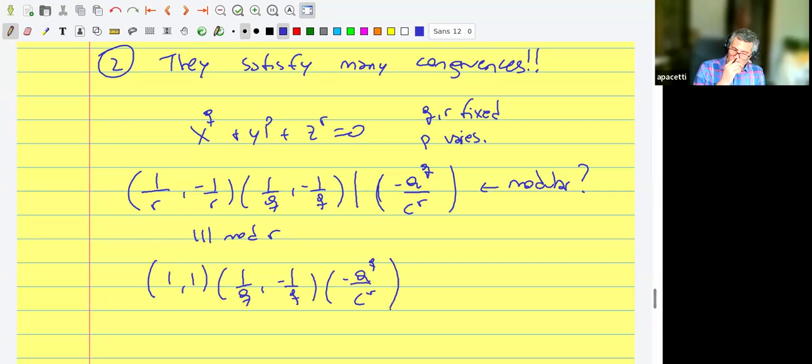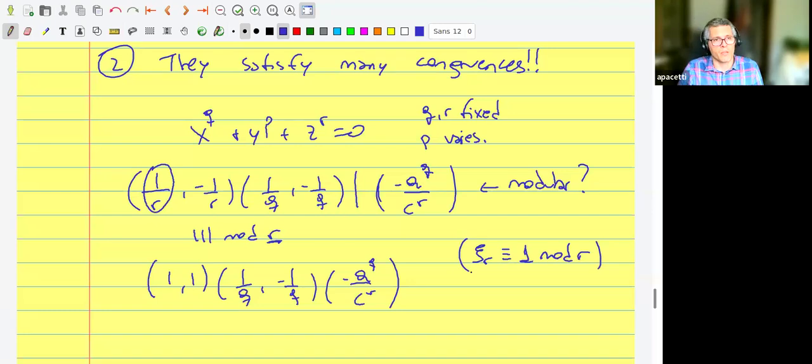So the sort of congruences that they satisfy is that if you look at a congruence modulo a prime, somehow you can erase things that are 1 divided powers of this prime. And this holds in general. This is just a very easy result. And the underlying reason is that an nth root of unity is congruent to 1 modulo a prime dividing r. All the proof is this easy result.